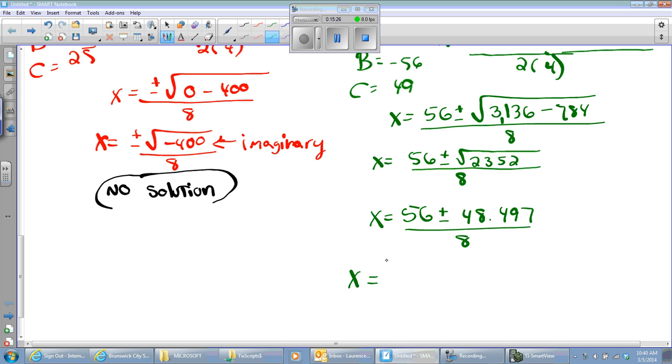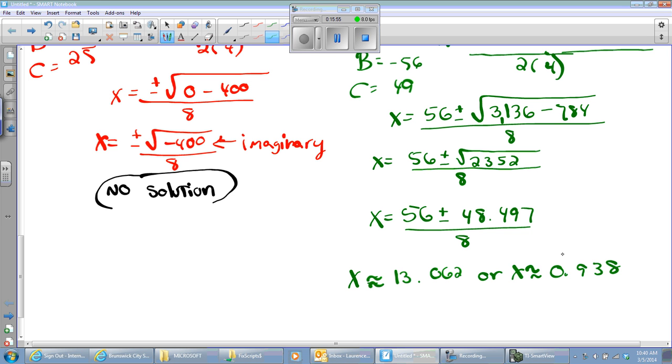So X is going to be approximately equal to 13.062, or X is going to be approximately equal to 56 minus the square root number, divided by 8, and I get 0.938, and that's a rounded answer.